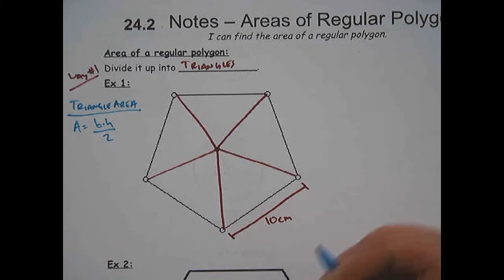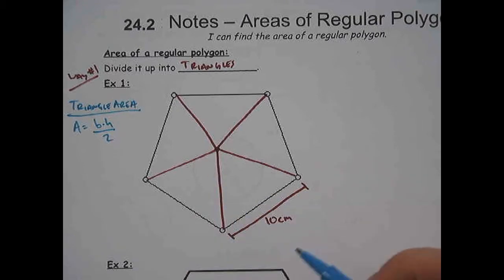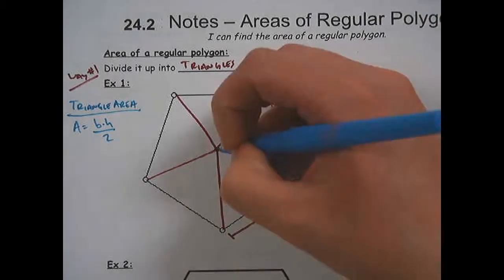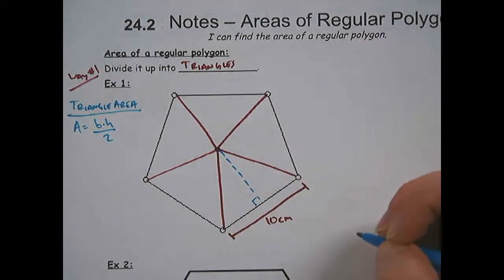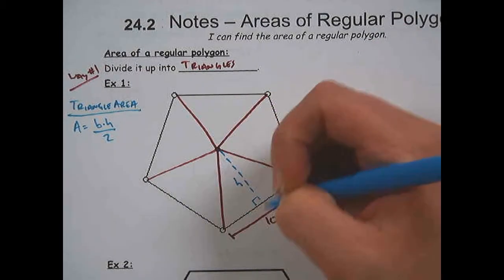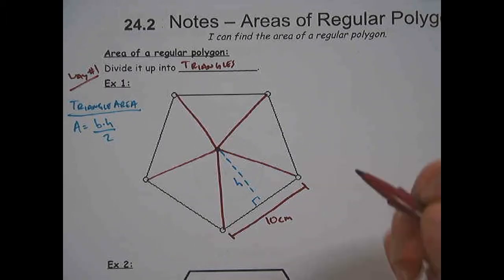Usually we're given one of those dimensions, like this is the base of this triangle. This time we're not given the height, so we're going to drop a height down. That'll be step 1 here. We need to find the height in order to find the area of the triangle.